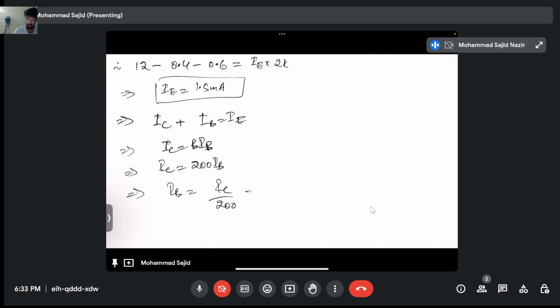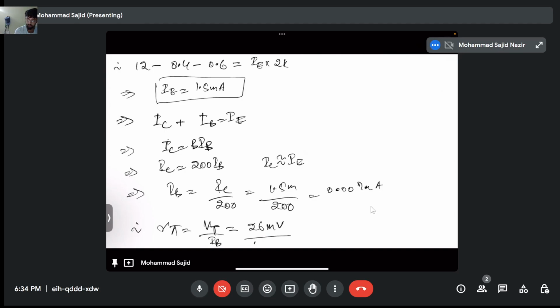We can assume IC is nearly equivalent to IE. Therefore, it will be 1.5 milli divided by 200. That comes out to be 0.0075 milliamperes. So therefore, R pi, we just needed to calculate R pi, that is VT by IB, is equivalent to 26 millivolts divided by 0.0075 milliamperes. So this will be 3.46 kilo ohms. So this is R pi.